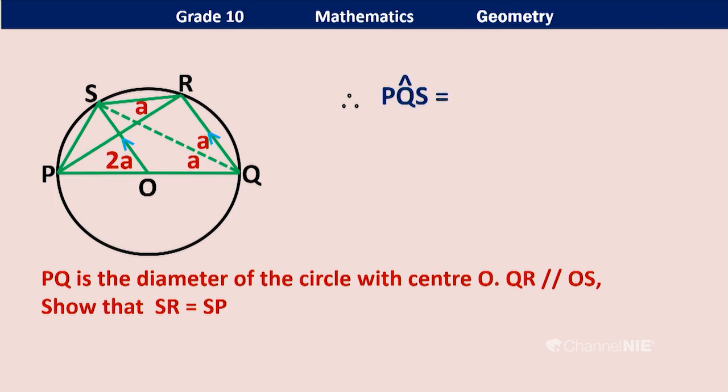Therefore, angle PQS is equal to angle SQR, that is equal to A.